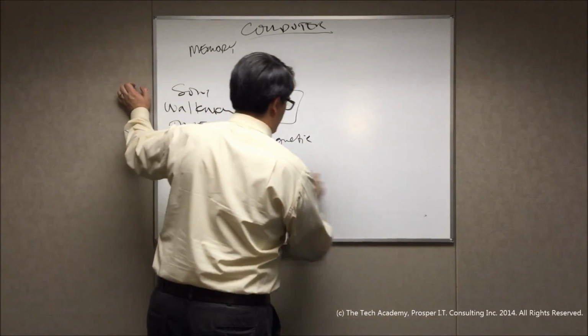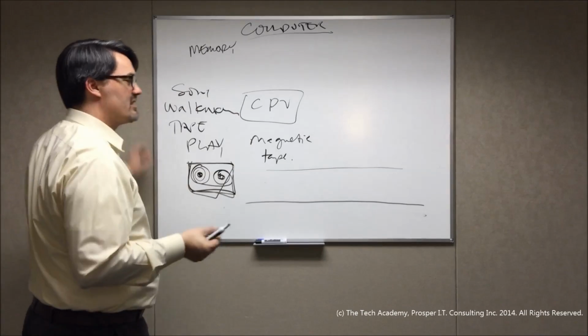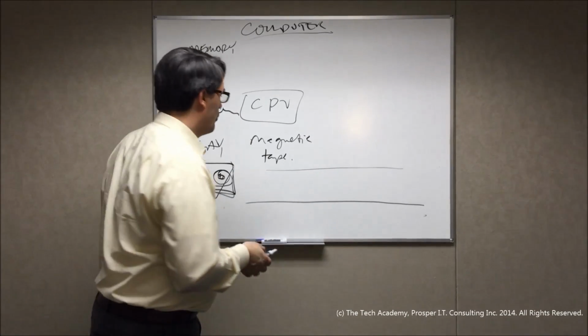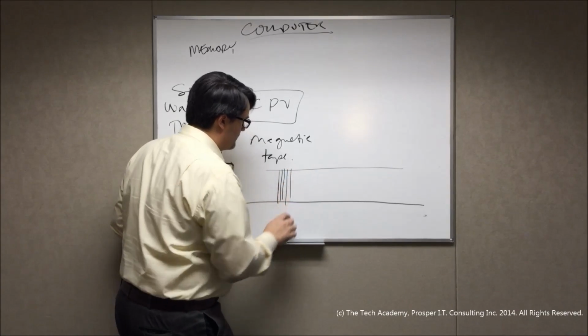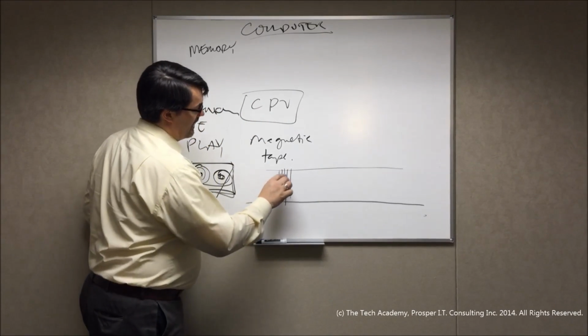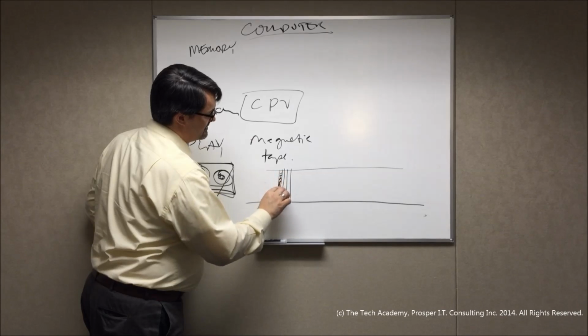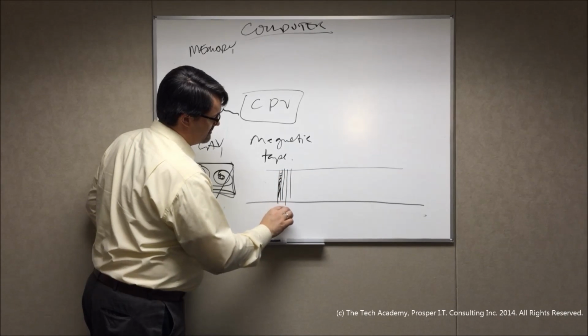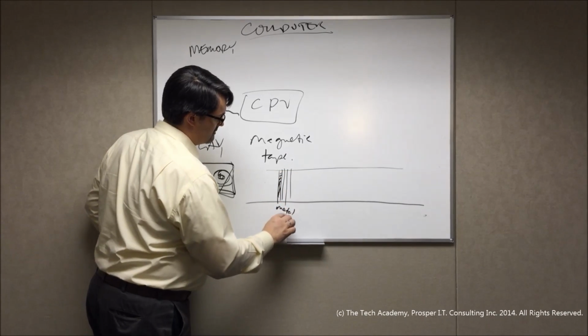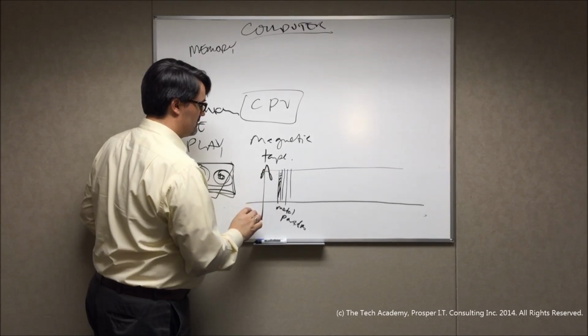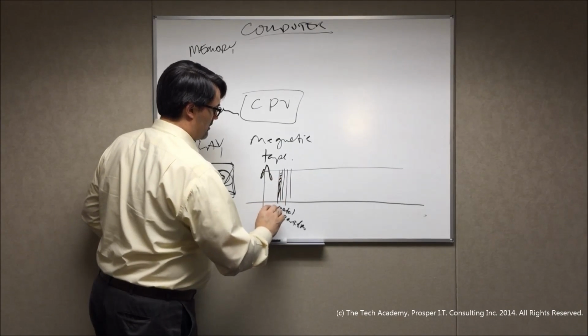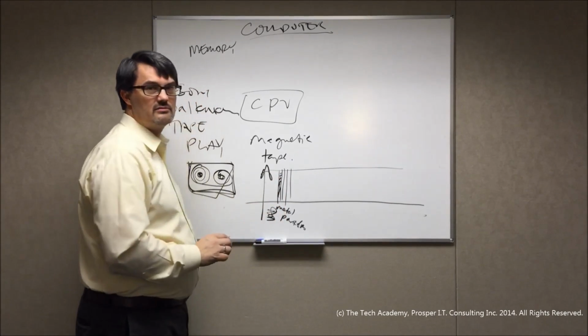Magnetic tape is really awesome. It's a very, very thin material where at exact precise intervals all the way along it, you can either align these little teeny metal particles all in one direction or not, randomized.